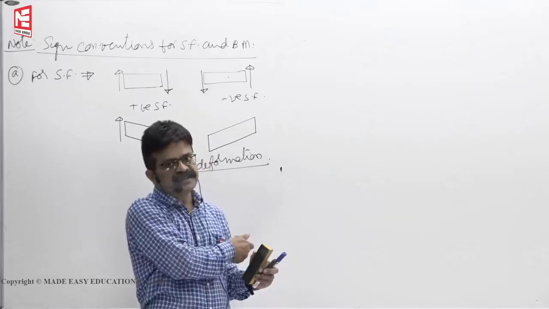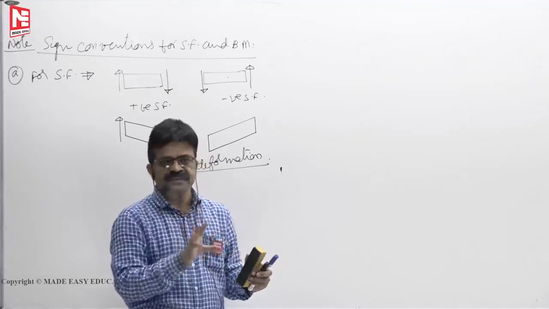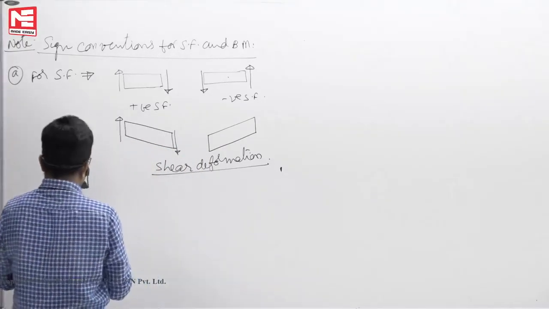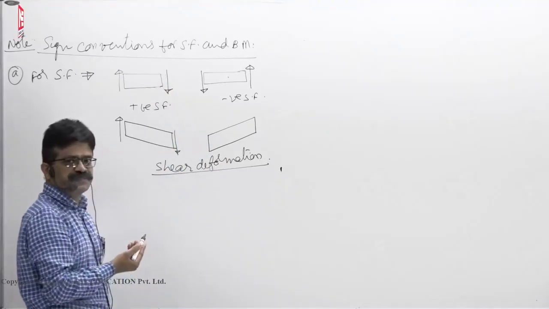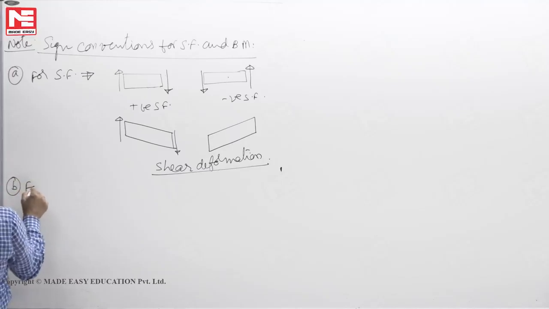But in our ordinary strength of materials and structural analysis calculations, we neglect the shear deformation, and based on the shear deformation only, the positive shear force or negative shear force are taken. Okay. Next, for bending moment.